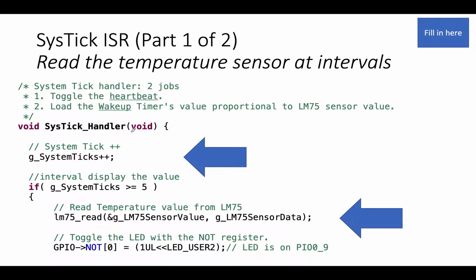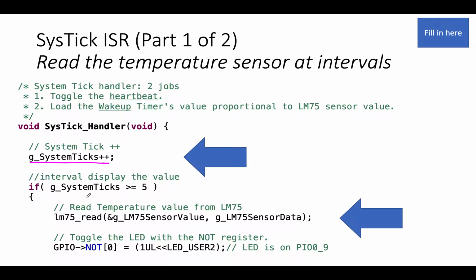So we're going to start by defining the interrupt service routine for the system timer. The system timer has an interrupt service routine that increments a particular global variable so we can keep track of time.